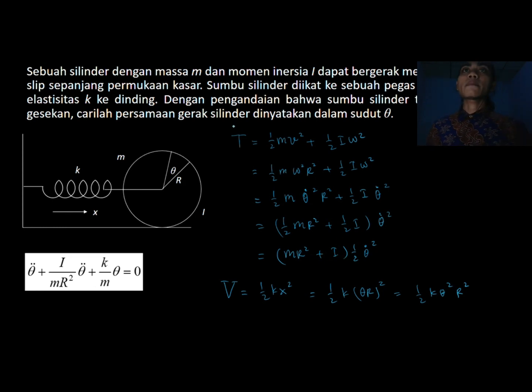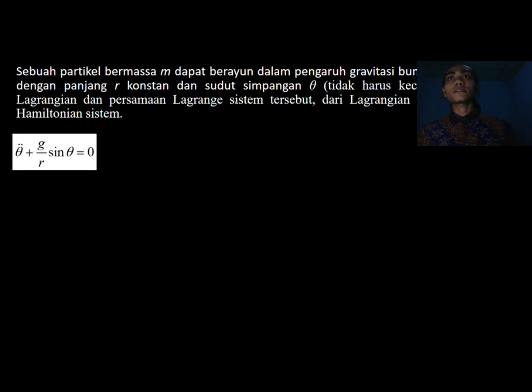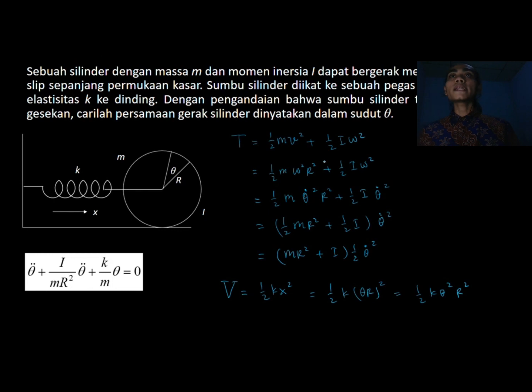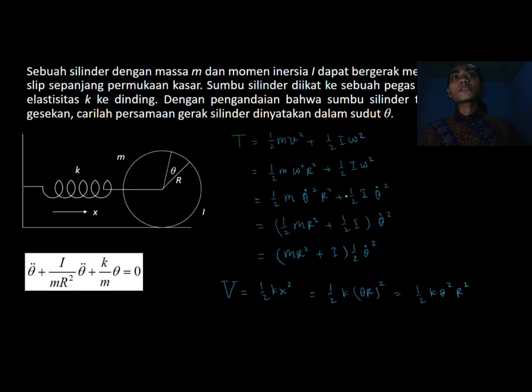So this is half (m r squared plus I) times theta prime squared, minus the potential, half k theta squared r squared. So we have these equations of the Lagrangian, and then we get into the Lagrange equations.